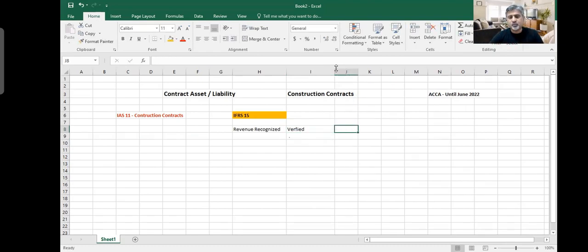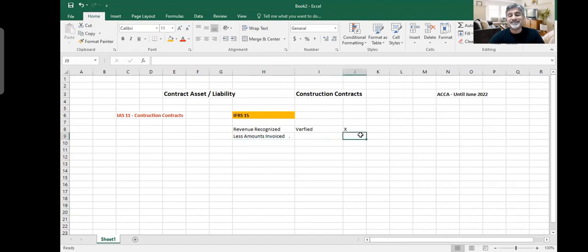Revenue recognized, let's suppose, is X. Then you say less amounts invoiced, the amounts for which you have already sent the invoice, you subtract. Whatever is the difference, that is called contract asset or contract liability.